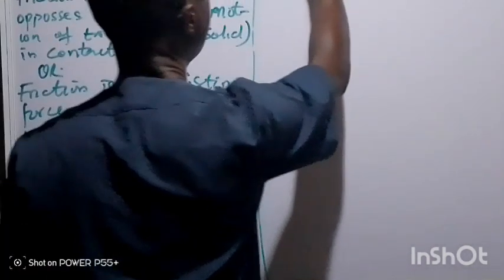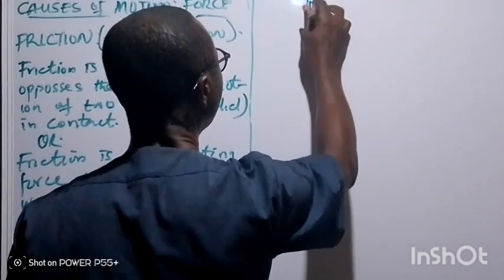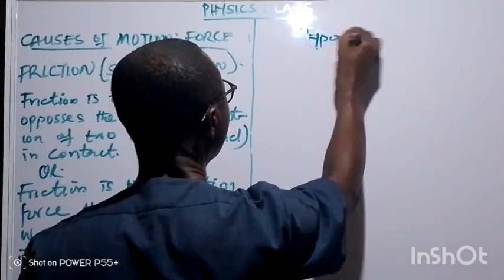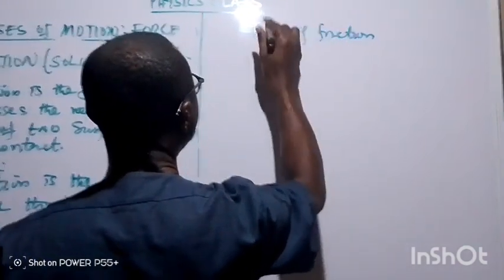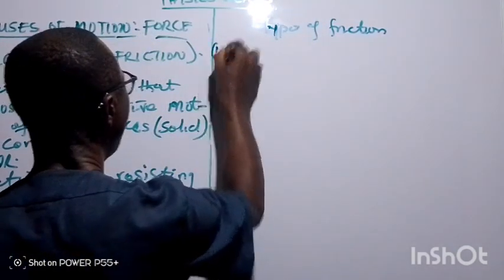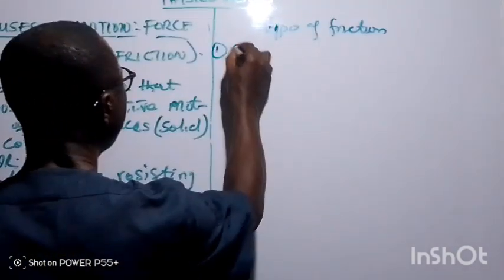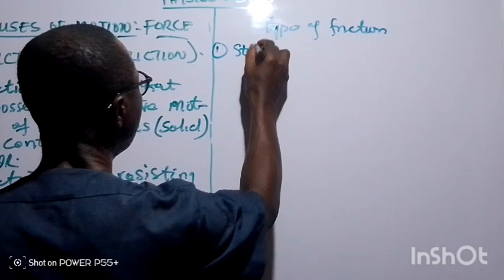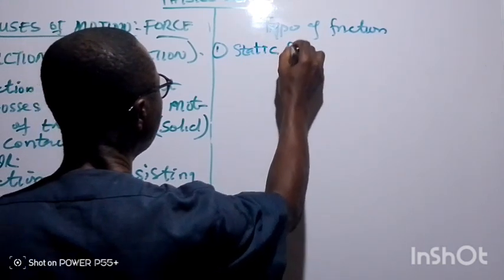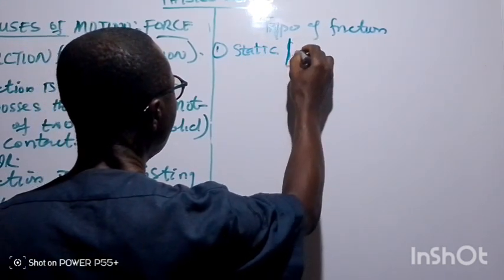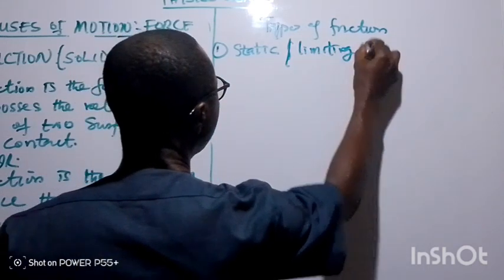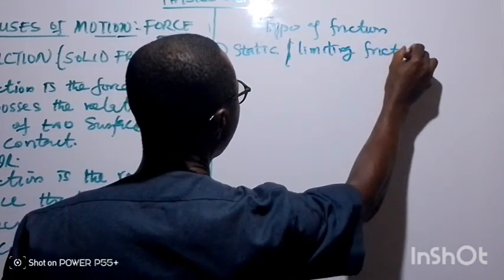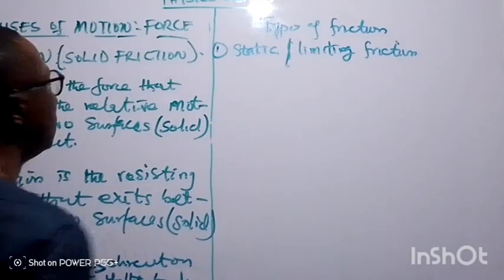Types of friction. We have one, static friction, or limiting friction.